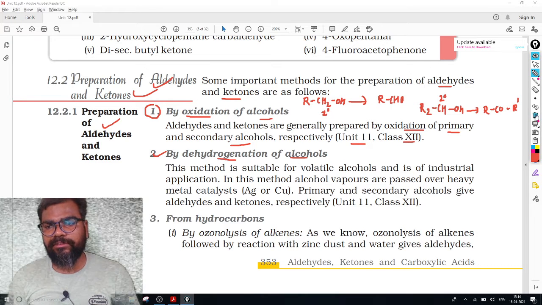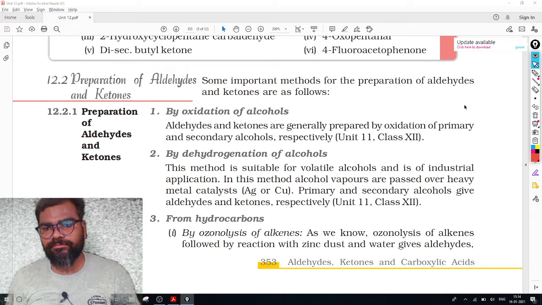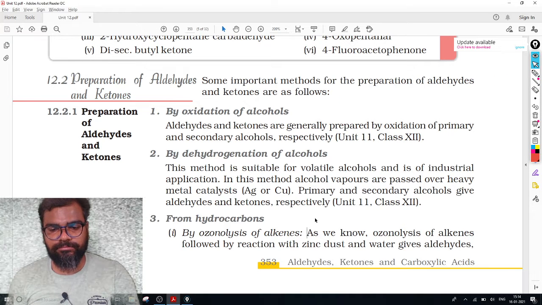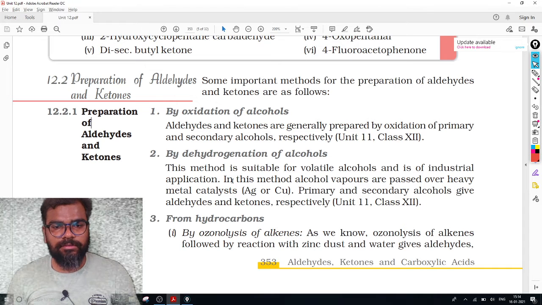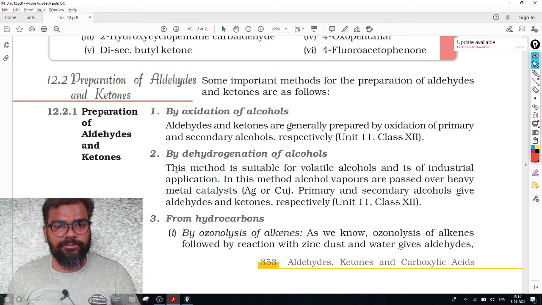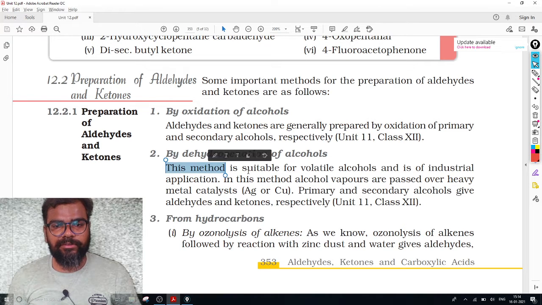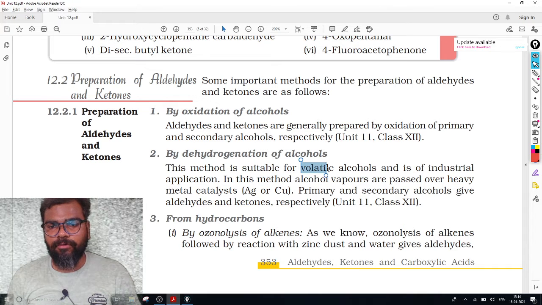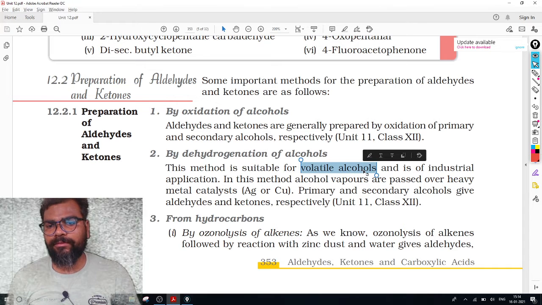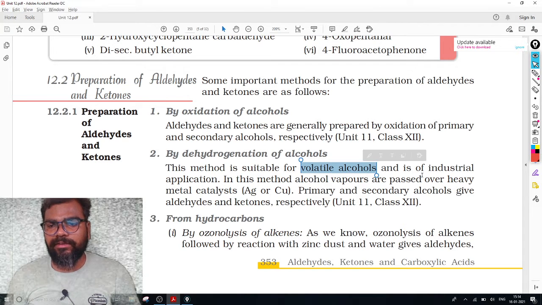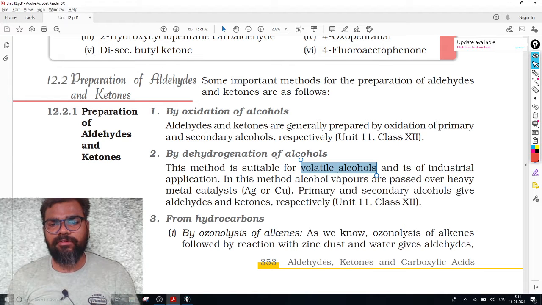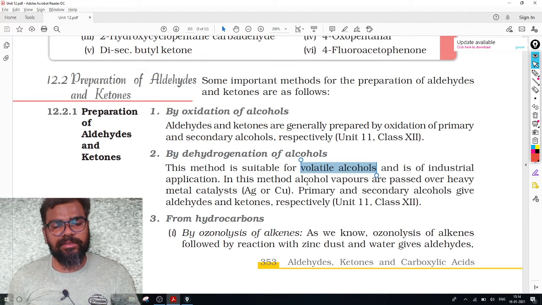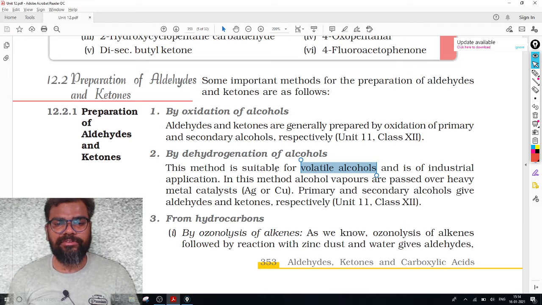What is it? Let us discuss it. This method is suitable for volatile alcohols and is of industrial application. The alcohols which are volatile can be treated by dehydrogenation.